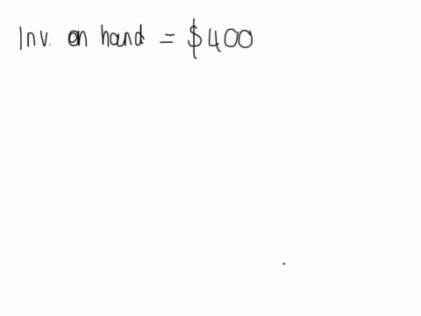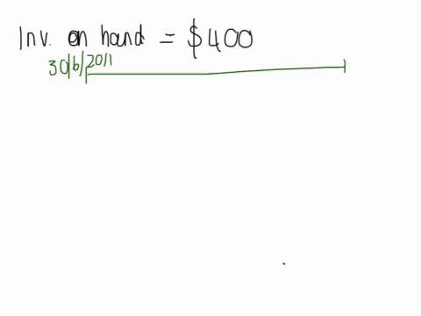Now, before taking this discussion any further, let's think of what the entry would have been at the end of the previous financial year. So if this is 30 June 2011, similar to what we've done in the previous example, the $400 unrealized profit would then have been in closing inventory.